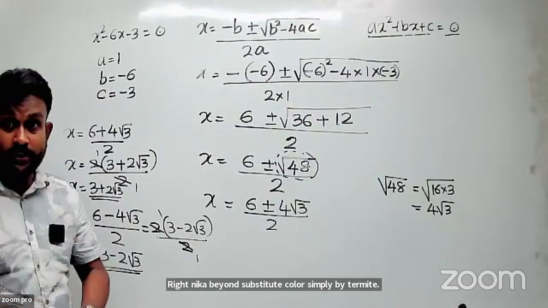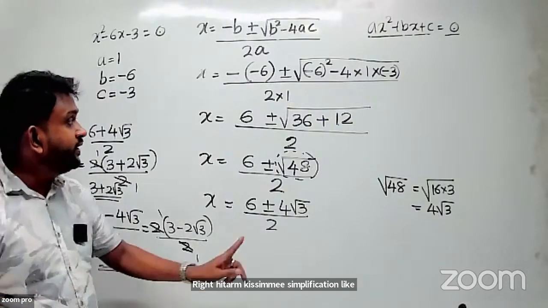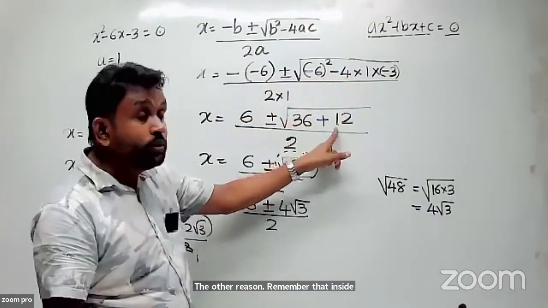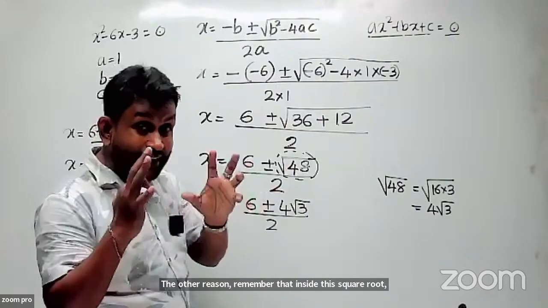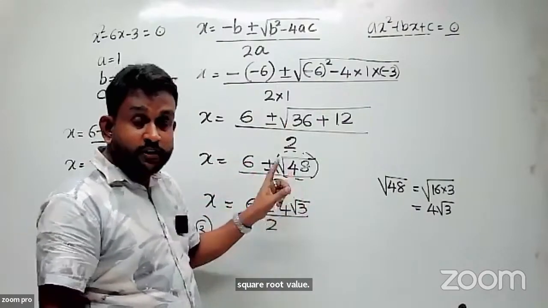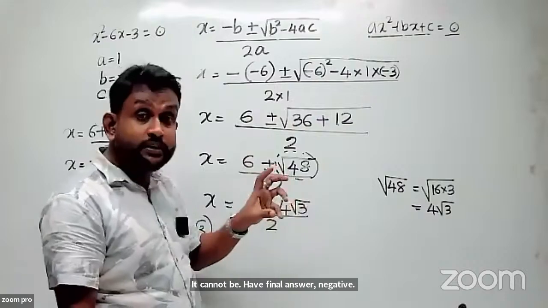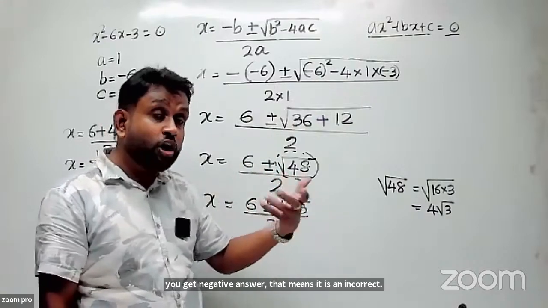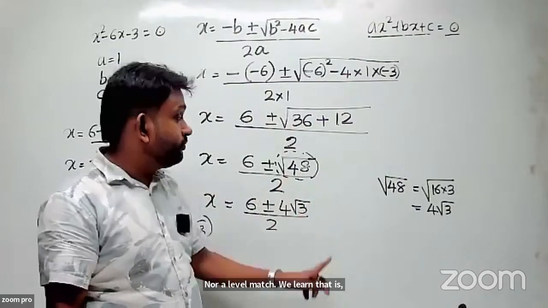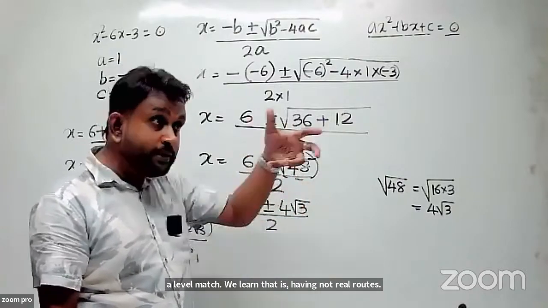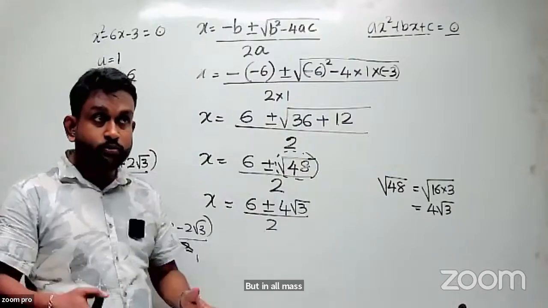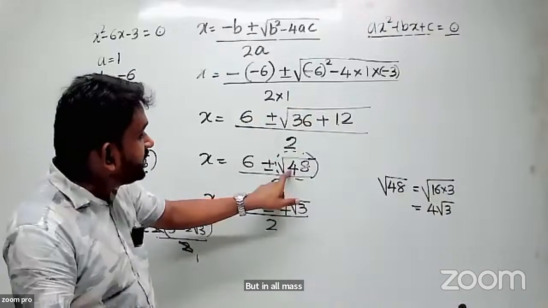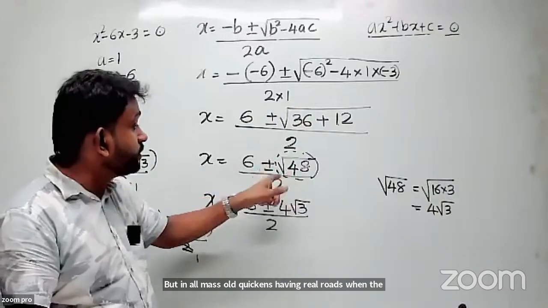Do the simplification carefully. The other reason, remember that inside this square root value, the final answer cannot be negative. If you get a negative answer, that means it is incorrect. In our A-level maths, we learned that this means not real roots. But in O-level maths, all the equations have real roots when the equations are given. So mistakenly, imagine you got minus 48 as the final answer inside the square root.